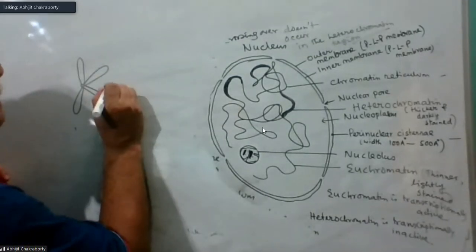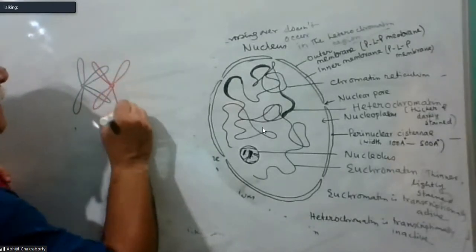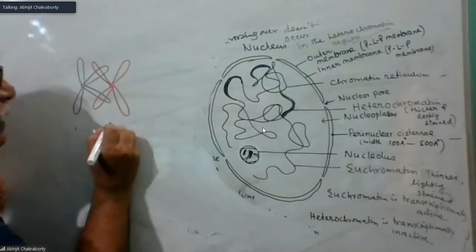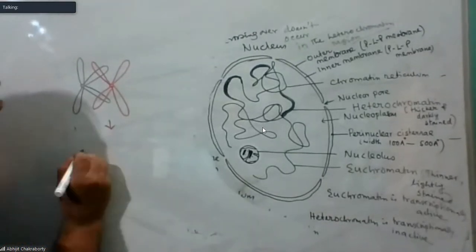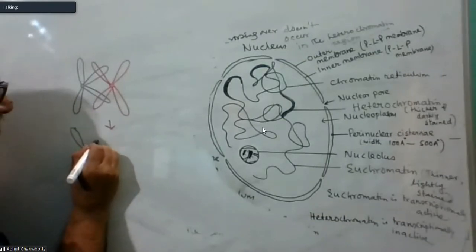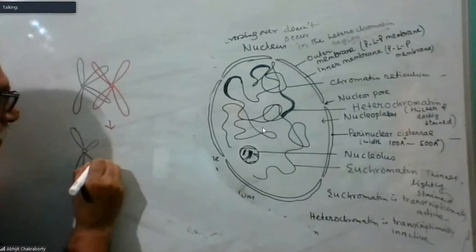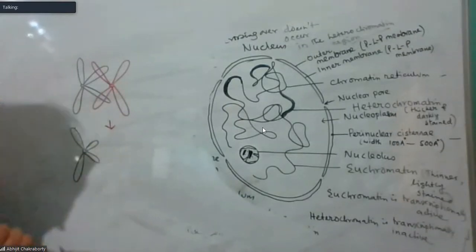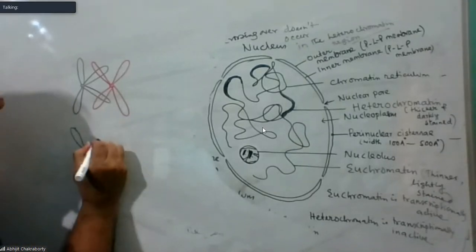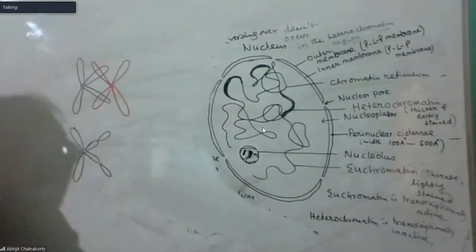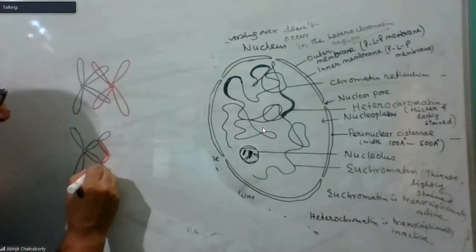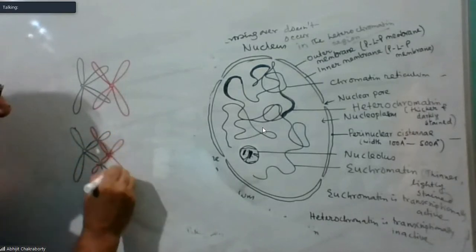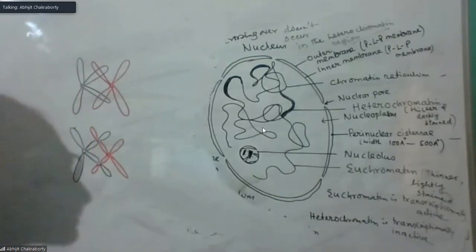This is a homologous pair. Then what happens? Here there is a cut made by endonuclease.